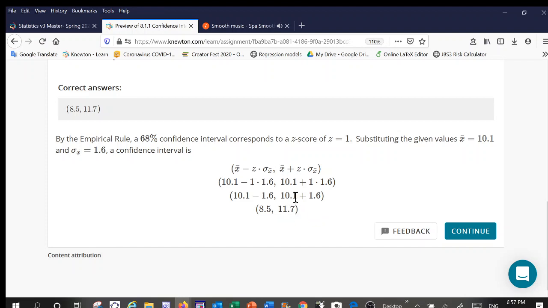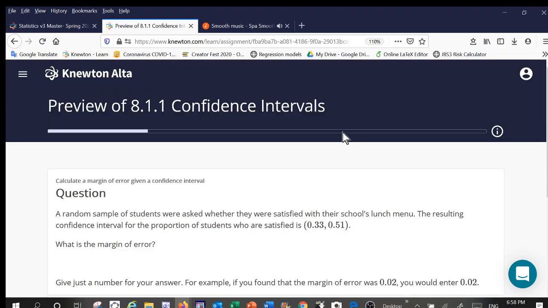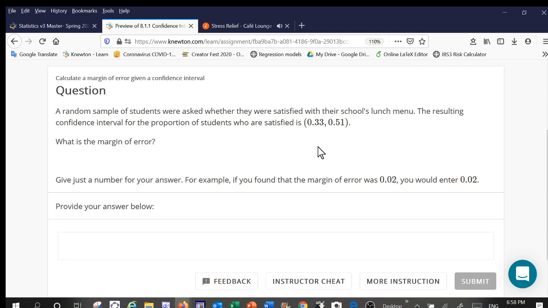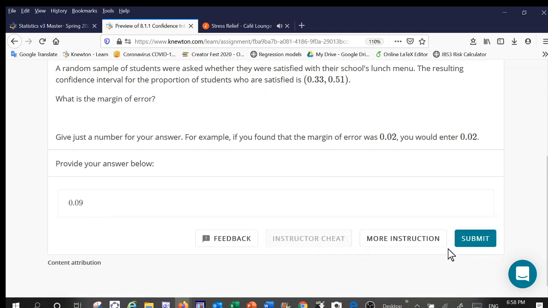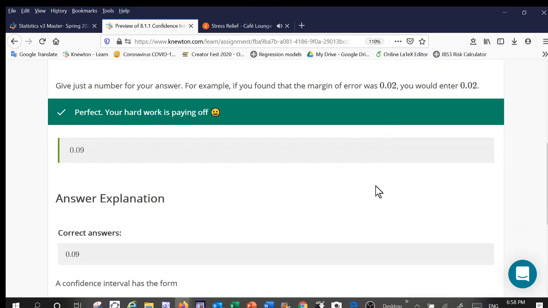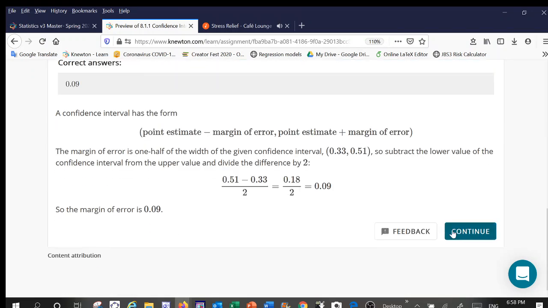So one of these we add and subtract and we get that. So we are 68% confident that the average weight of this kind of cat is between 8.5 and 11.7. All right. Now, again, this is similar to margin of error, so I'm going to skip it. You can do that.